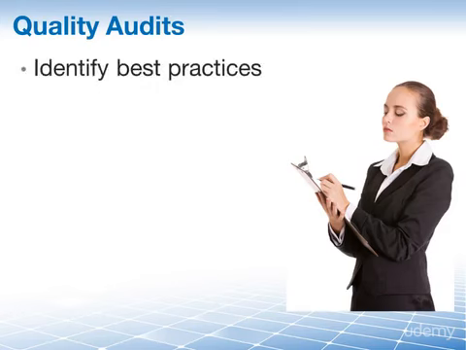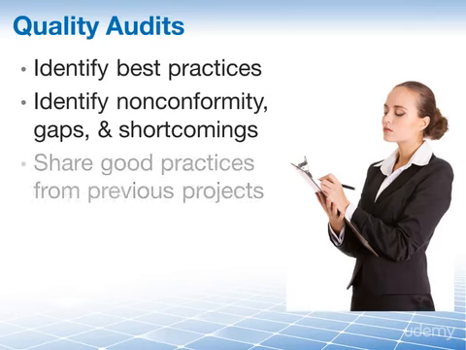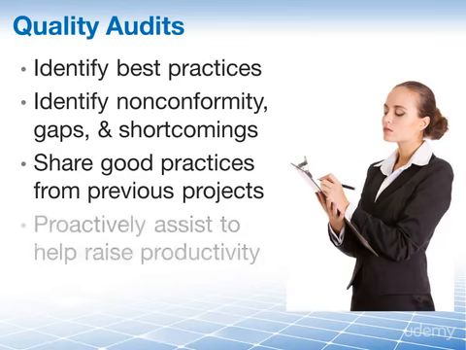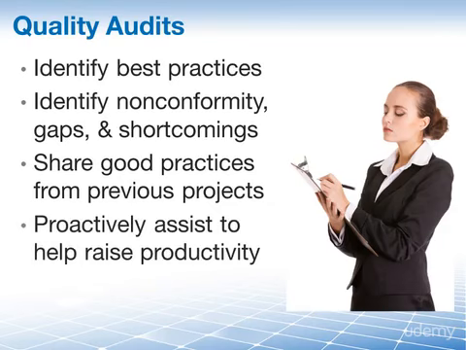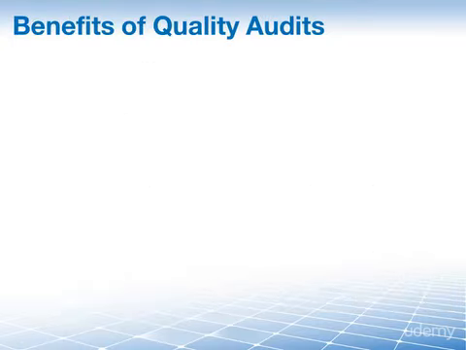And the objectives of quality audits may include things like identification of all the good and best practices that are being implemented, identification of all the gaps and shortcomings, sharing the good practices that are introduced or implemented in similar projects in the organization or in the overall industry, proactively offering assistance in a positive manner to improve implementation of processes to help the team raise productivity, and highlighting the contributions of each audit in the lessons learned repository of the organization.